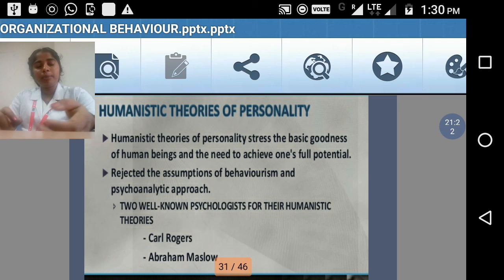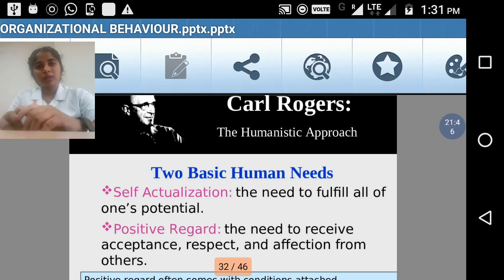Humanistic psychology strives to help people fulfill their potential and maximize their well-being. It helps people live in a good manner, and it rejected the assumptions of behaviorism and the psychoanalytic approach. In this approach, two persons are explained: one is Carl Rogers and another one is Abraham Maslow.